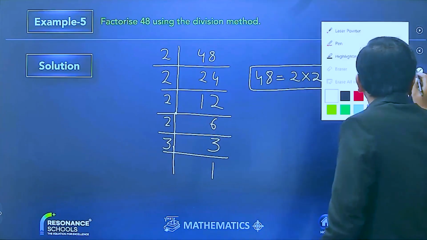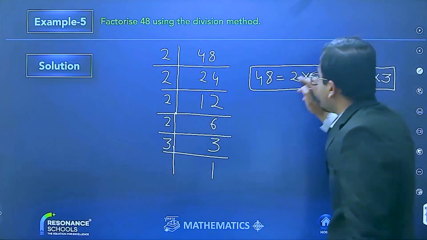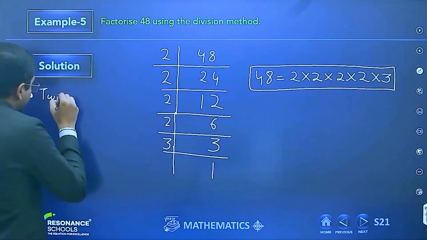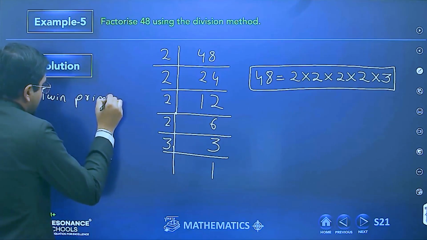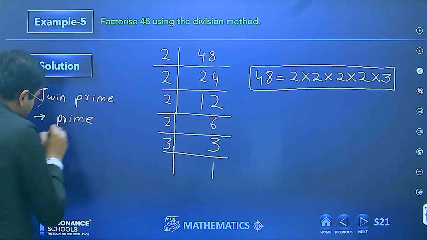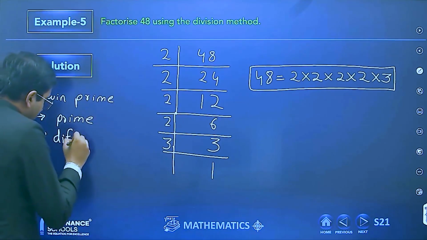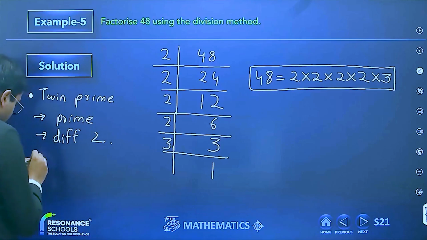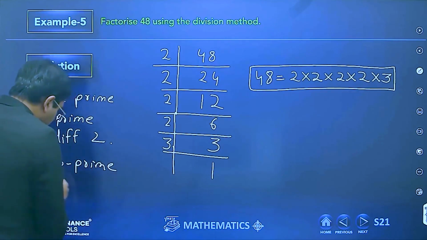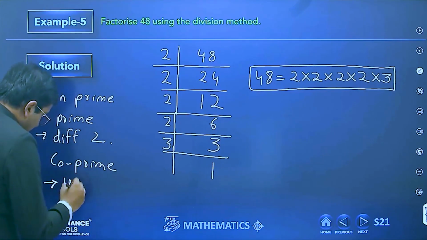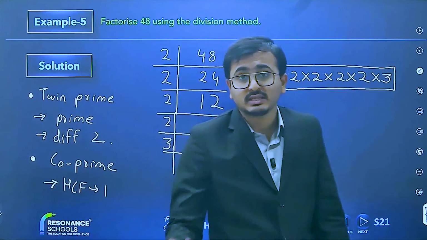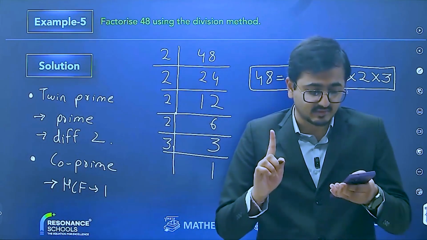Guys, I seriously don't understand what the issue is with co-prime and twin prime. Twin prime, two conditions: both have to be prime, and the difference has to be 2. Co-prime, only one condition: HCF needs to be 1. Any other doubt, tell me.